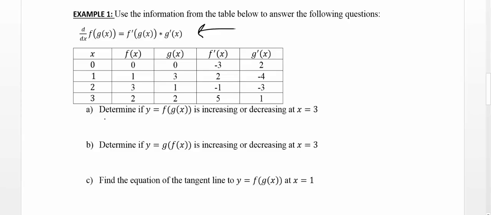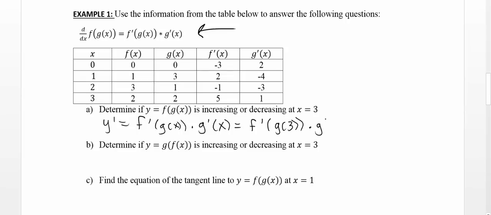So here, if I consider the derivative, I know that my derivative is f prime of g of x times g prime of x. That's my general formula. But now I want to know what's happening at x equals 3. So I want to consider f prime of g of 3 times g prime of 3.